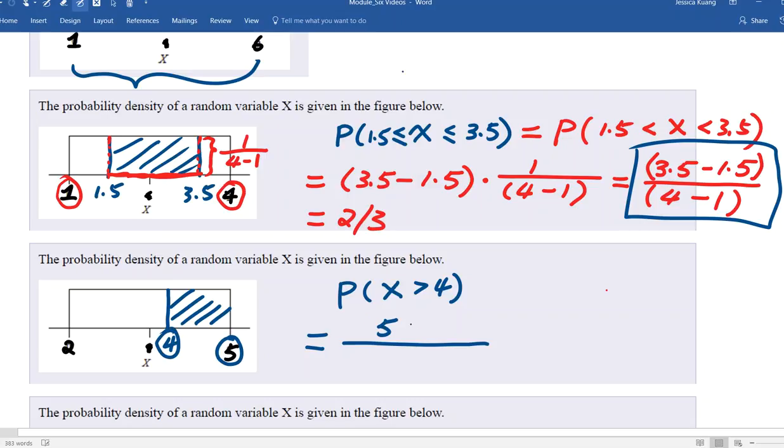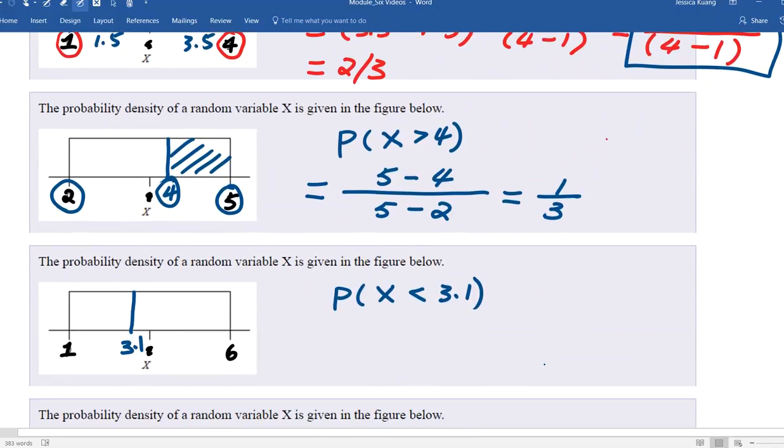So I have 5 minus 4. And downstairs, I will have the upper bound of that larger rectangle. So once again, it's 5. And the lower bound of that larger rectangle. So that would be 2. So my answer will be 1 over 3.